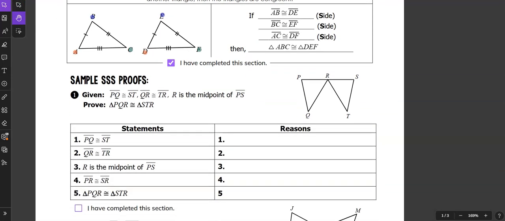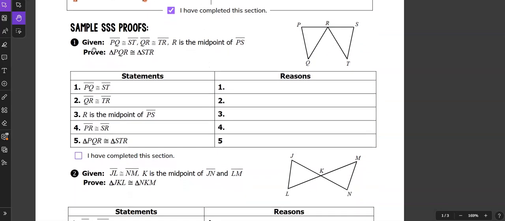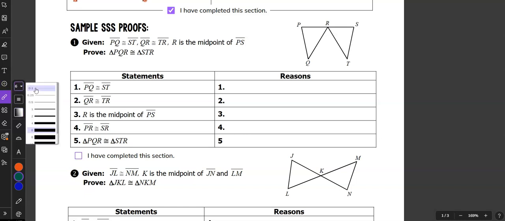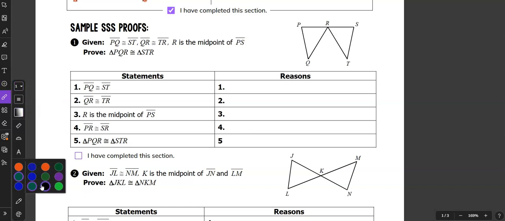All right, so let's go ahead and move on to sample side proofs. What I like to do is mark the given information on the picture that they've given me for my problem. In this case, they tell me that segment PQ and segment ST are congruent.